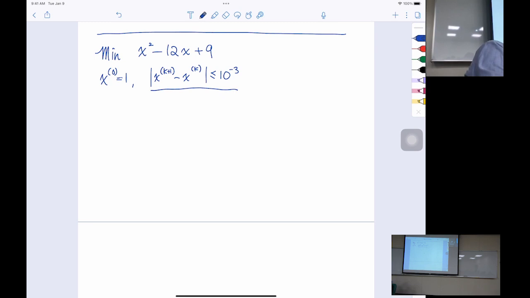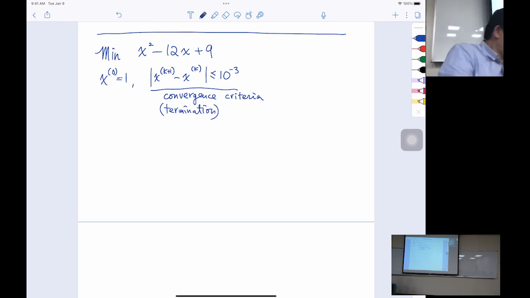This is your convergence criteria, or sometimes people say termination criteria.